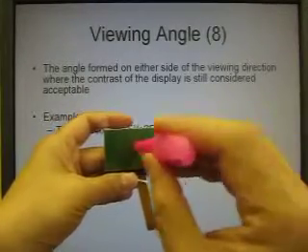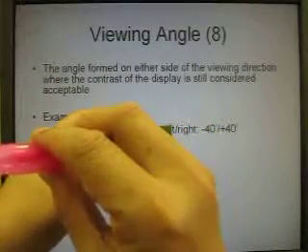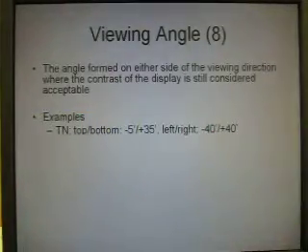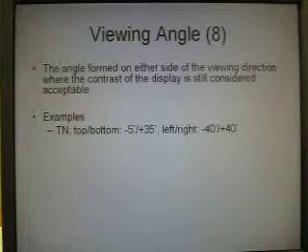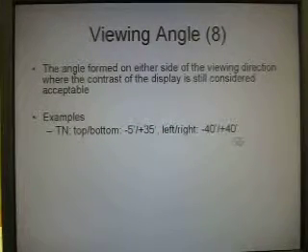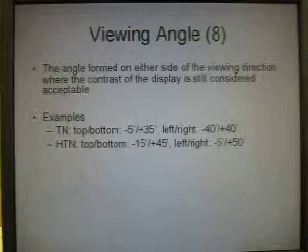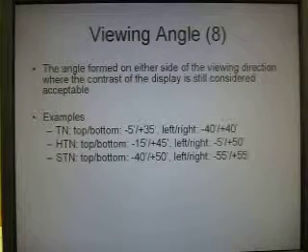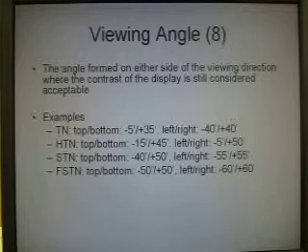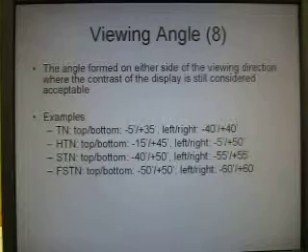But if you increase the angle to 50 or beyond, you cannot see the LCD. So that's normally the TN angle. For HTN, it is a little bit bigger. For STN, it's even bigger, and for FSTN, it's much bigger. This data is wrong, so you should have a 0 here.